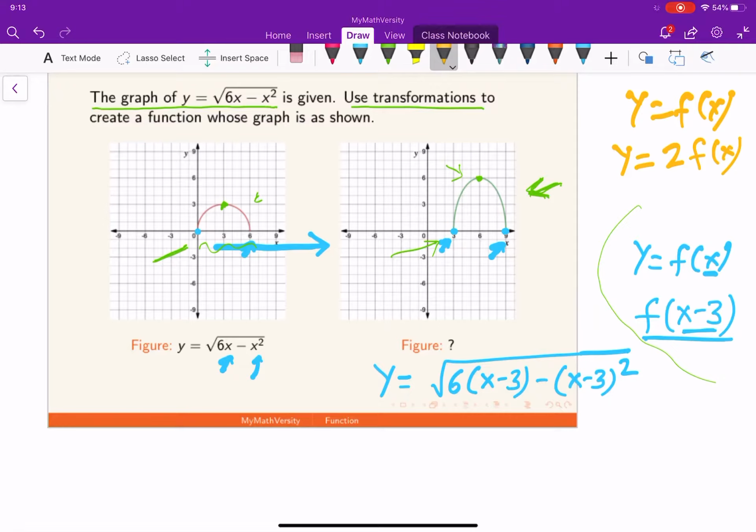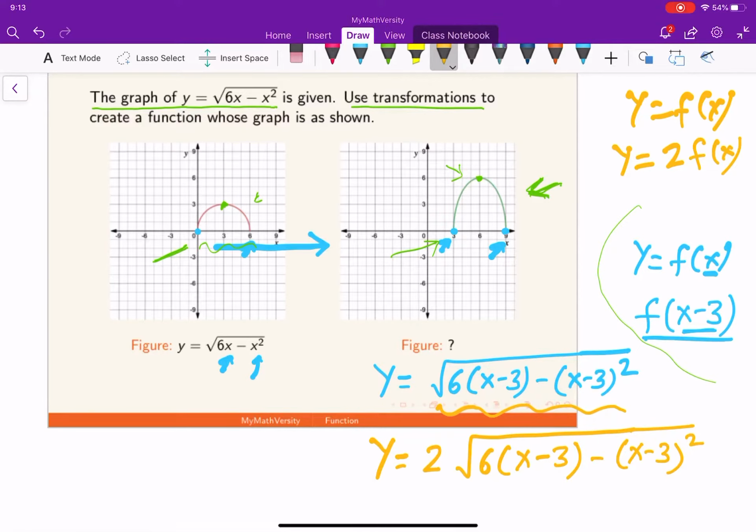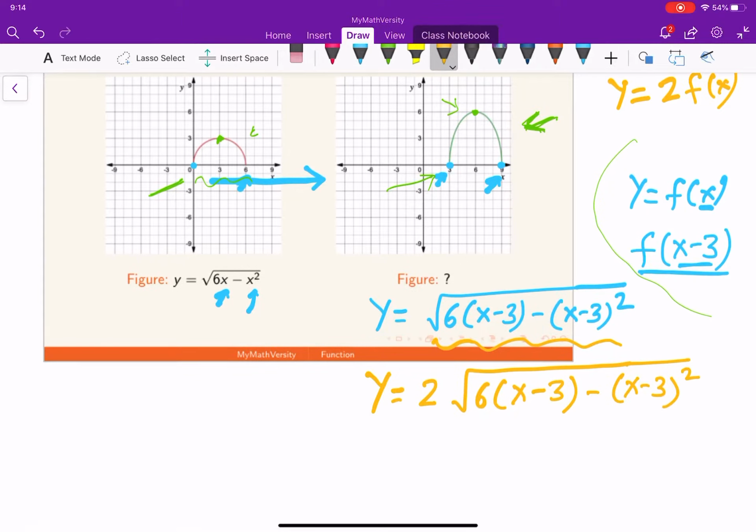If this curve has been shifted in this way and then stretched vertically by a factor of 2, we just need to multiply by 2 the shifted curve over here. So 2 times the square root of 6 times x minus 3 minus the square of x minus 3 will give you the function that describes this curve. Do you buy that?